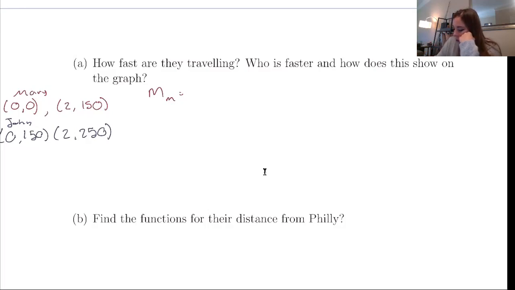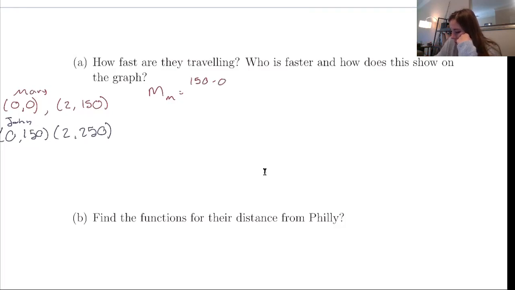Right, I would do the change in my y's, so y2 minus y1 over x2 minus x1, which would give me 150 divided by 2, which is equal to 75.